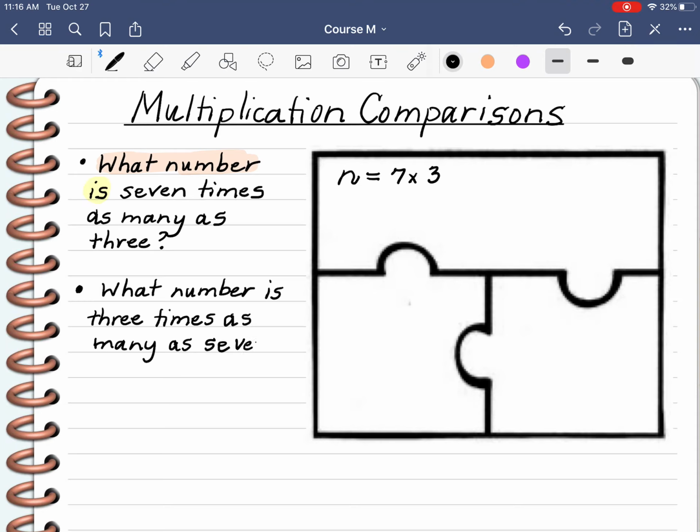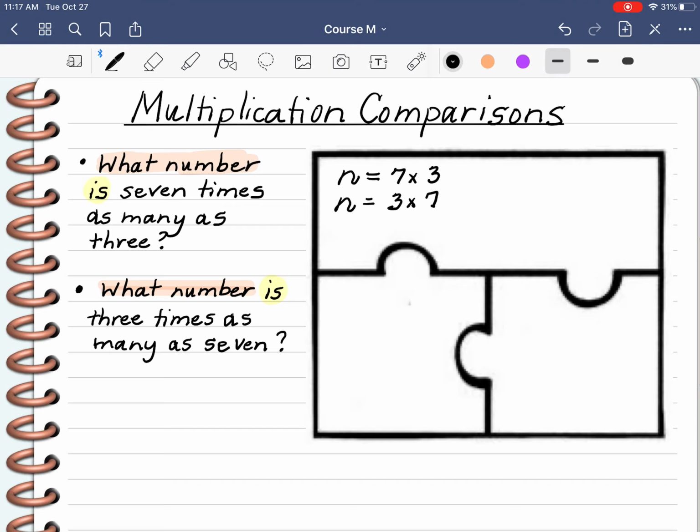So let's see if we can translate this one into algebra. Here's the word is. That's my equal sign. What number is going to be my variable? So n is 3 times as many as 7. So that is a different algebraic expression.